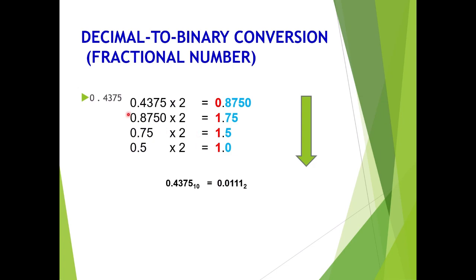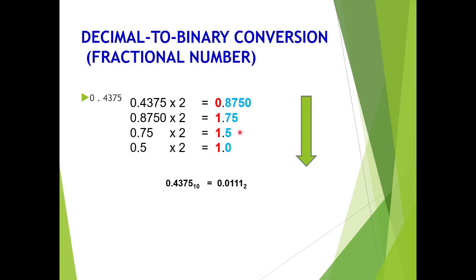Again, if I have fraction 0.4375, I am taking that as the example. Then we have to multiply by 2. So when I multiply 0.4375 by 2, I will be getting 0.8750. That integer part you leave and the fractional part alone you take: 0.8750 into 2. Then you will be getting 1.75.